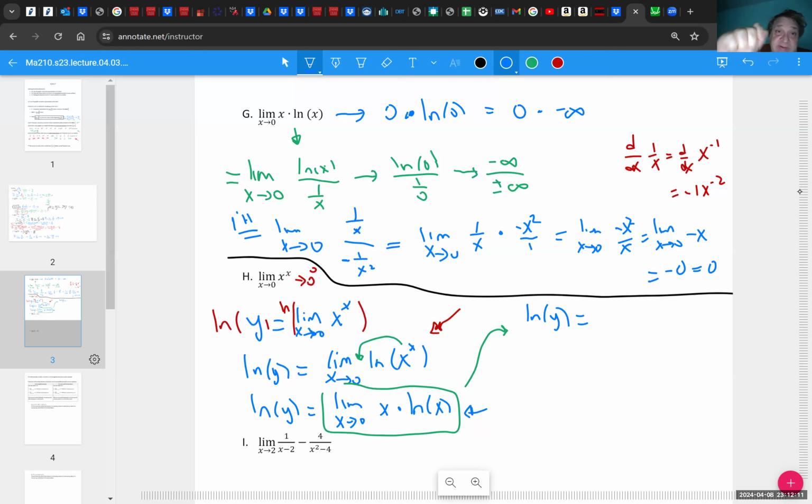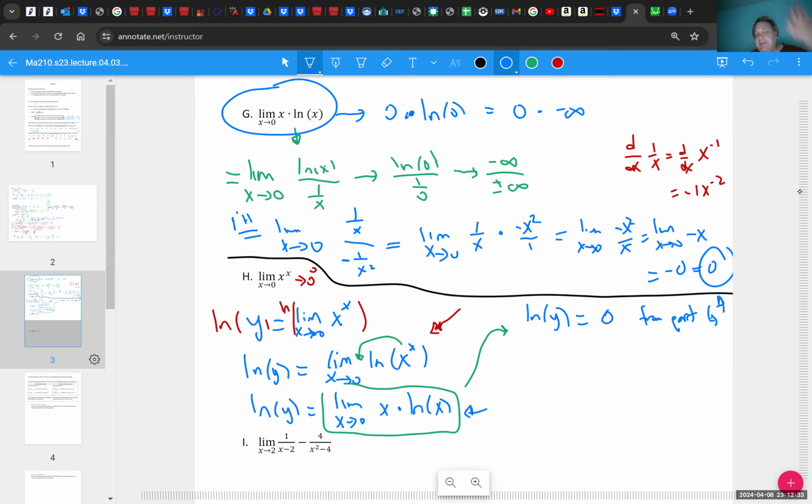But that limit we just did. This is the answer from part G. Remember, the limit as x approaches 0 of x times ln x was the example I just did before. So this is equal to 0 from part G right up there. From part G, we just did the fact that the limit is equal to 0.